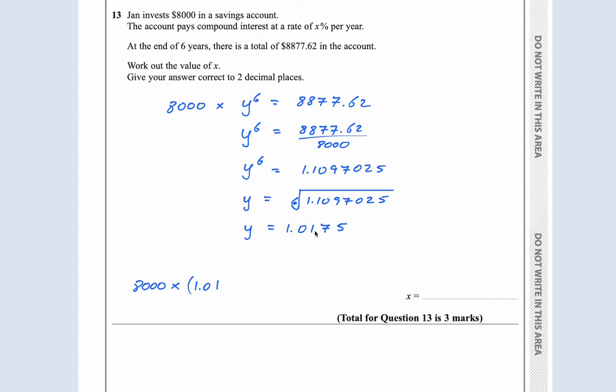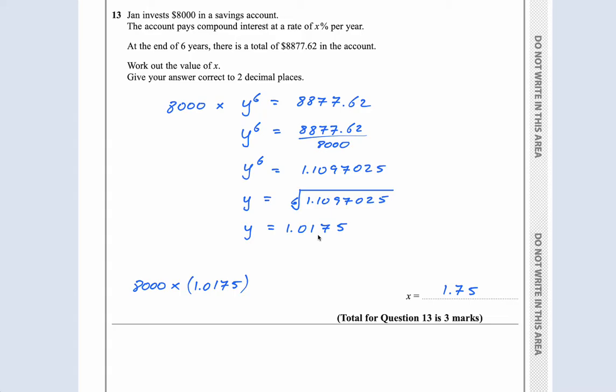If it was 1.75%, I multiply by 1.0175. Therefore, x is equal to 1.75 because x is the percentage. y is 1.0175, so x has to be 1.75.